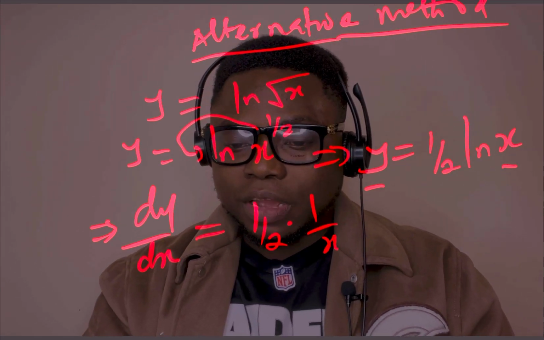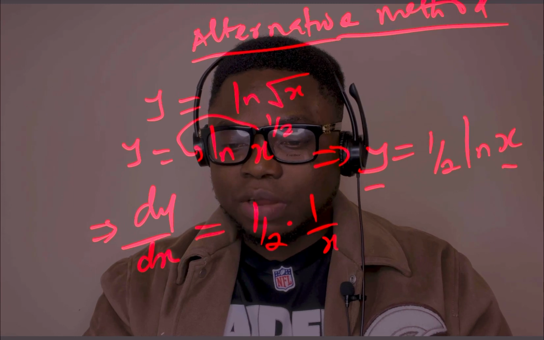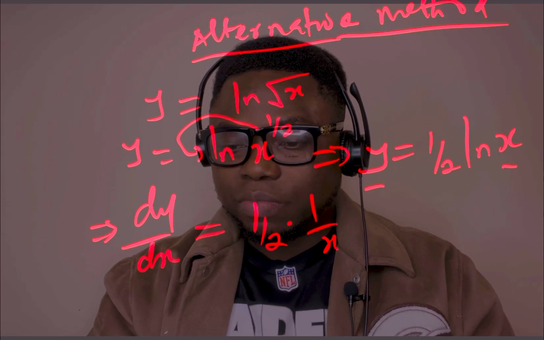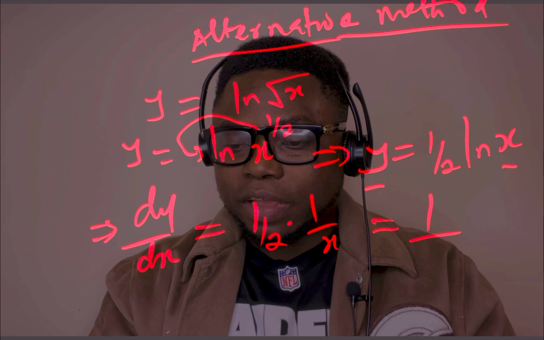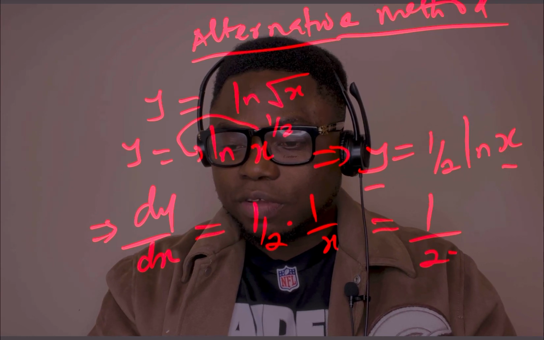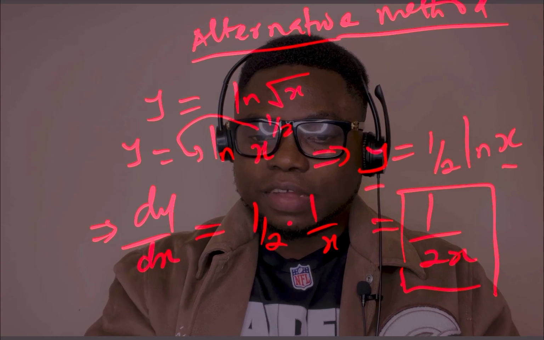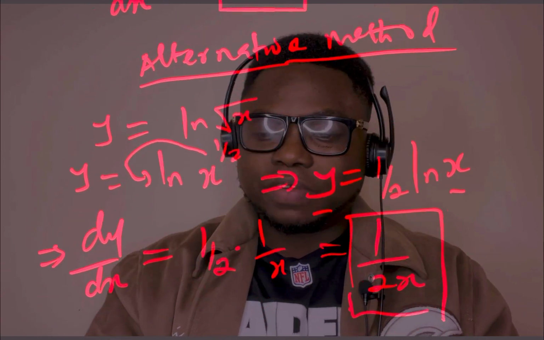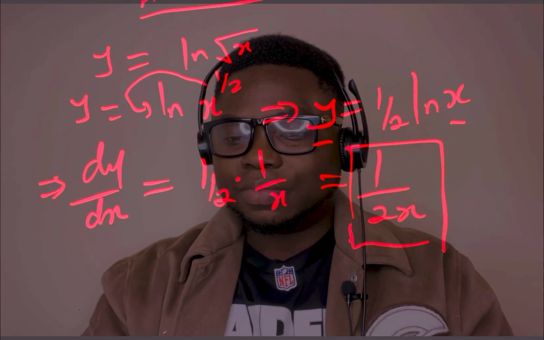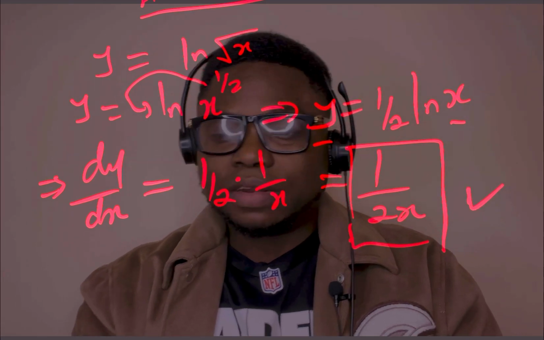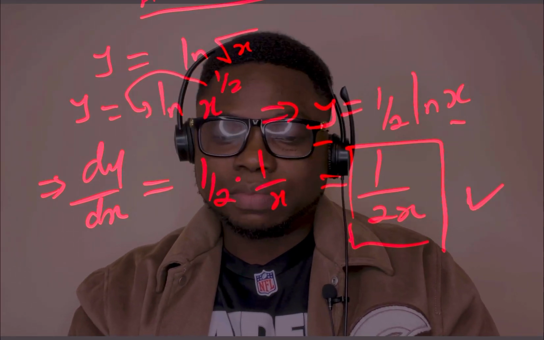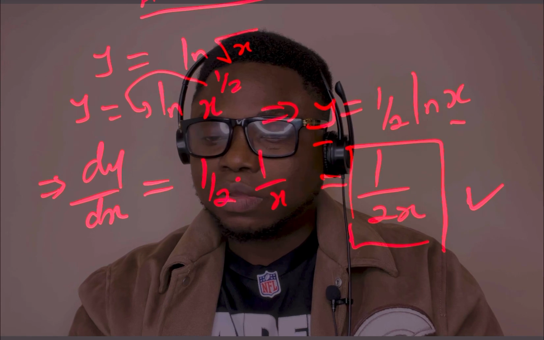Now if you multiply out, 1 will multiply 1, it will be 1. 2 will multiply x, it will be 2x. You can see the answer is the same thing as the first answer, but this method is very short. So applying the power law of logarithm, you get the answer straight away.